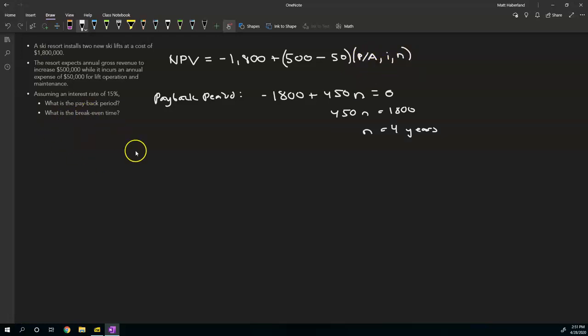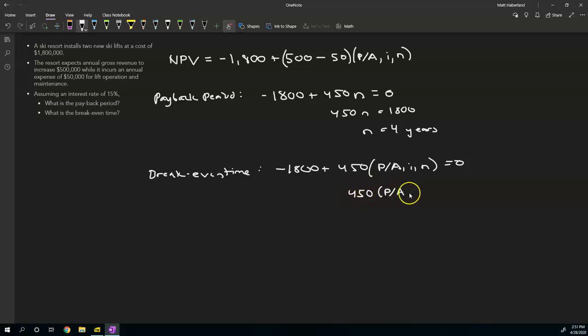Now let's calculate the break-even time, just to see how it differs. We'd start out in a similar way, negative 1,800 plus 450, but we need to multiply that by the discount factor, P over A, i, n, and that equals 0. So we've got 450 times the discount factor is equal to 1,800.